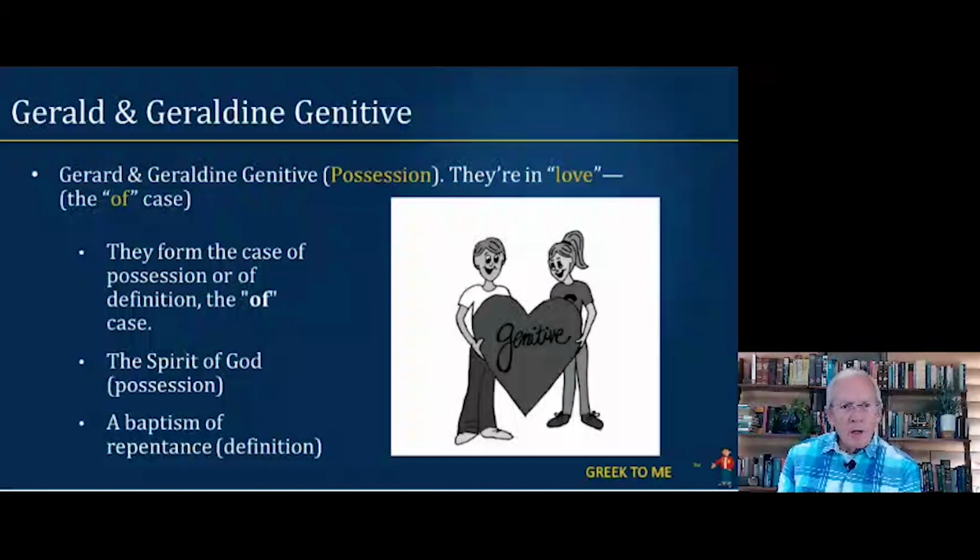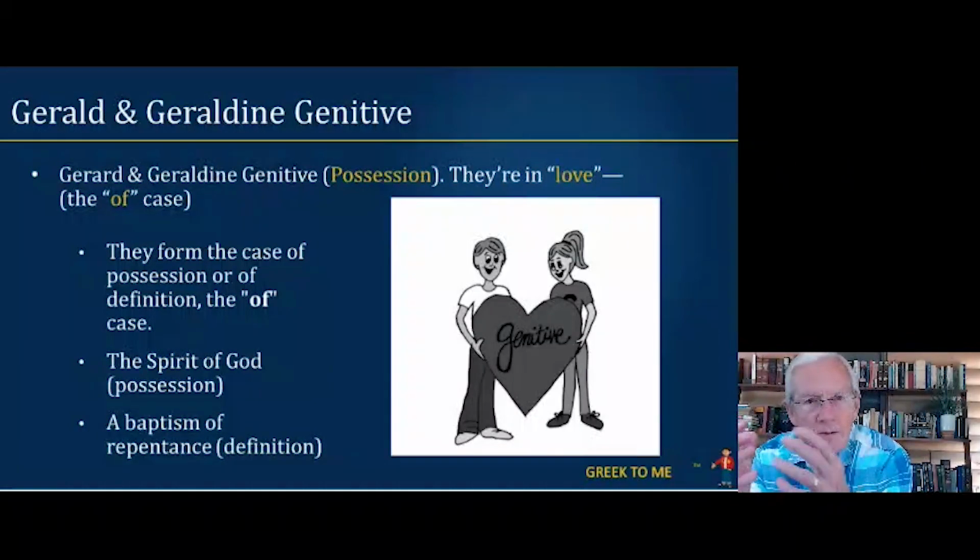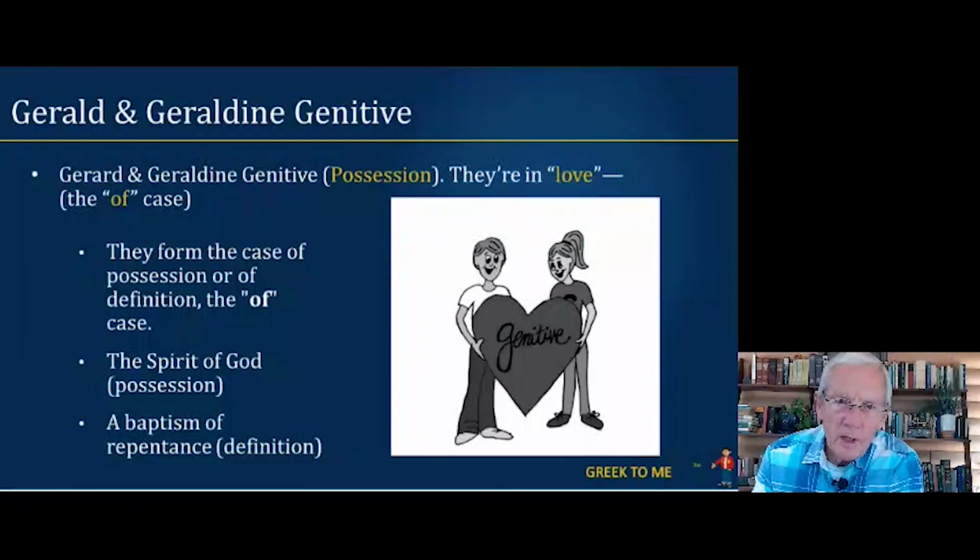We have Gerard and Geraldine, genitive. This is a case of possession. Now, we use the words there in love for the of case. They form the case of possession or of definition. It's called the of case.